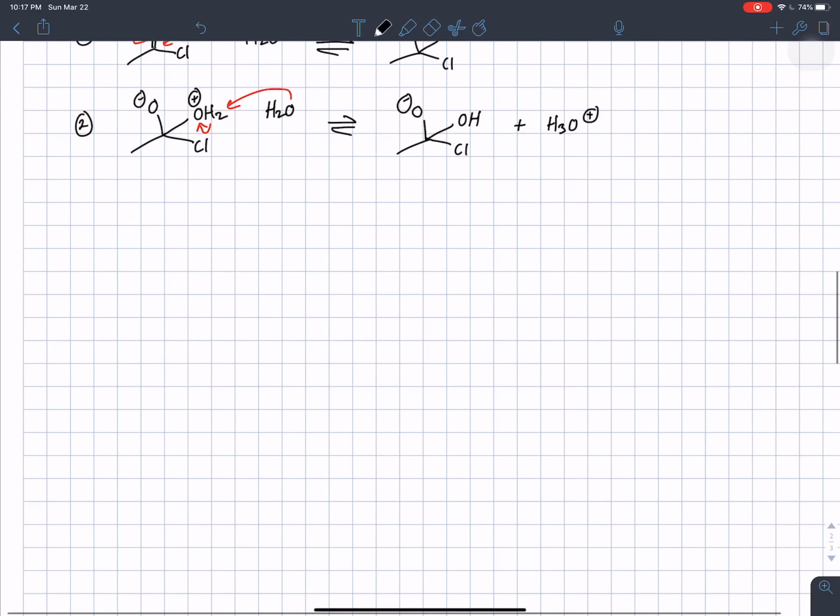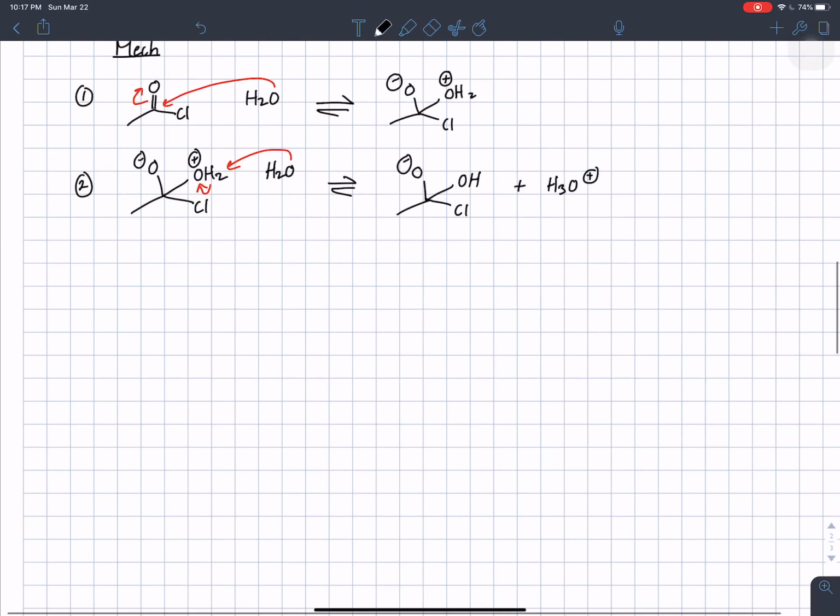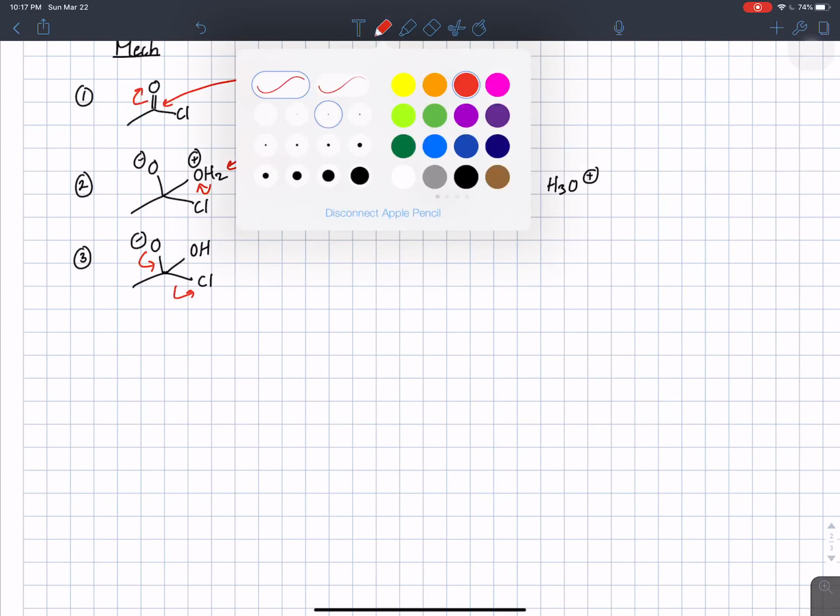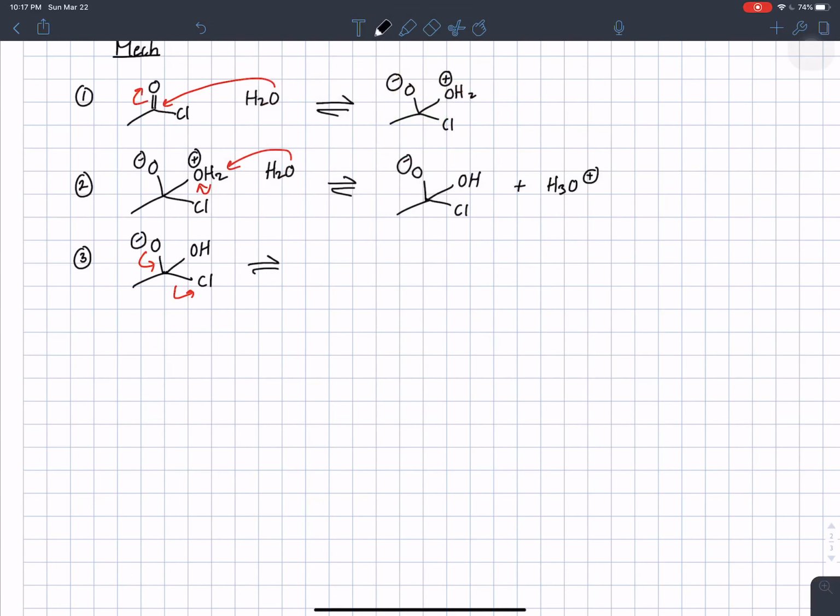And the very last step is to kick off the leaving group. So these electrons can come down, and the Cl can just leave, and we form our carboxylic acid.